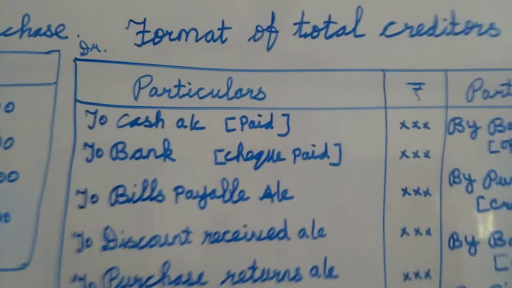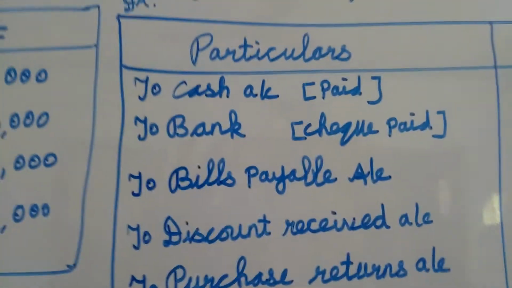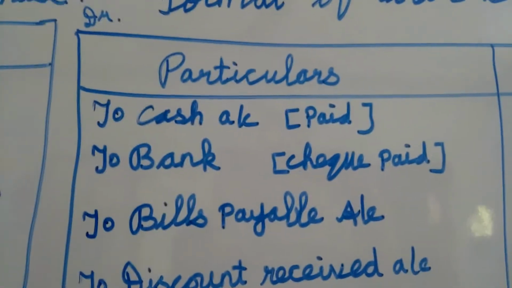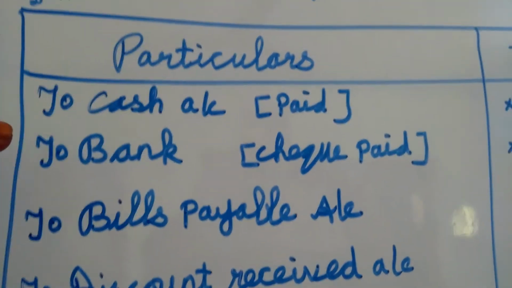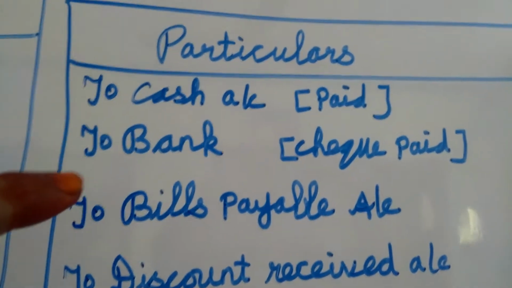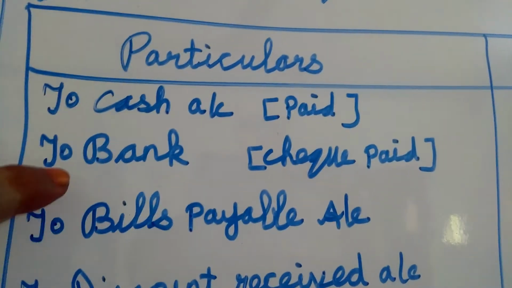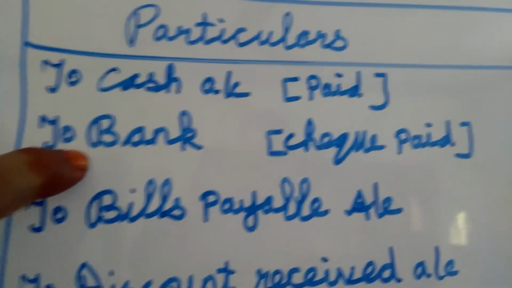So see, as usual, you know the debit and credit. Debit side, see one by one. First, what are the items in the creditors account? To cash account. How much cash we paid? The cash paid we show on the debit side. The cheque paid we write to bank.